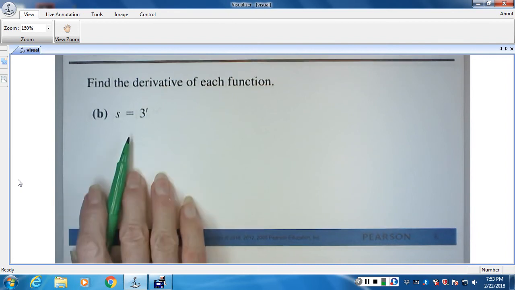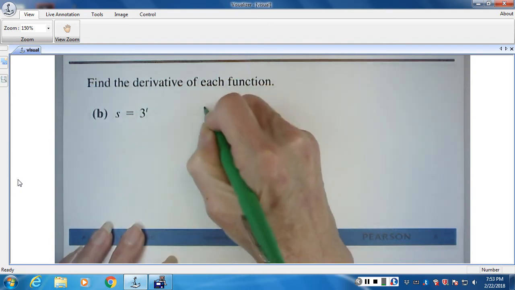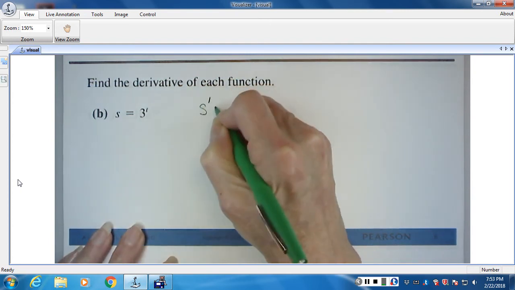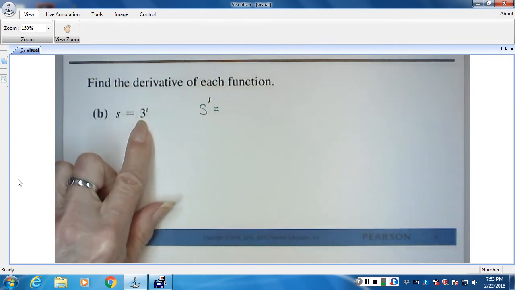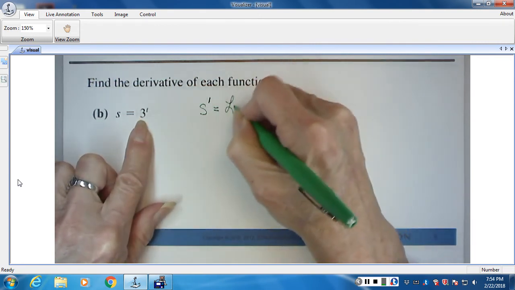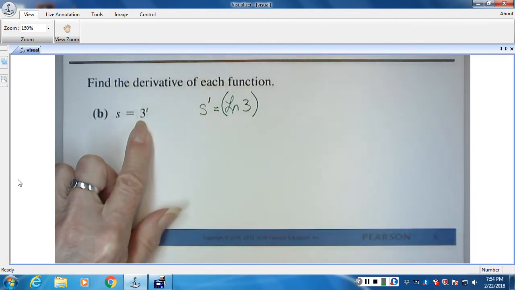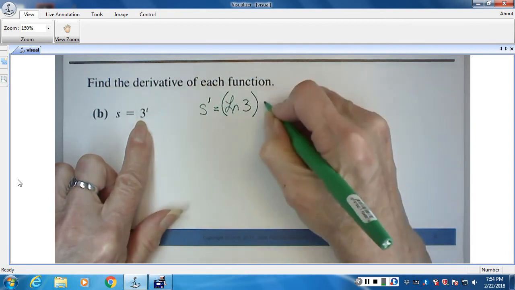This one is not e raised to a power. That means there's going to be a natural logarithm involved in the derivative. So s prime is going to be the natural logarithm of whatever the base is, times what you started with.